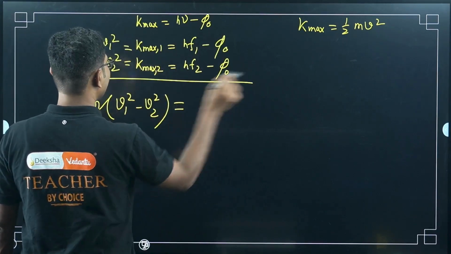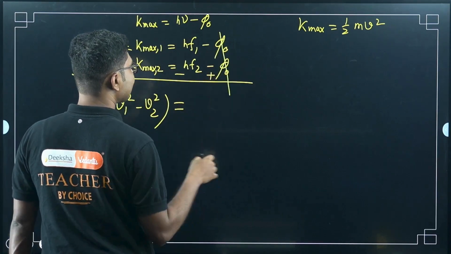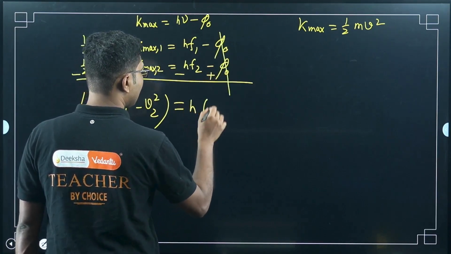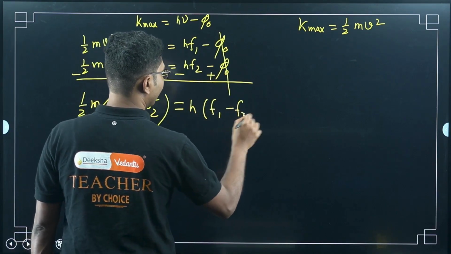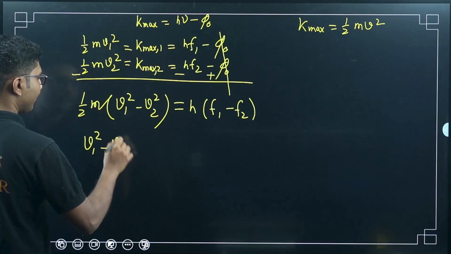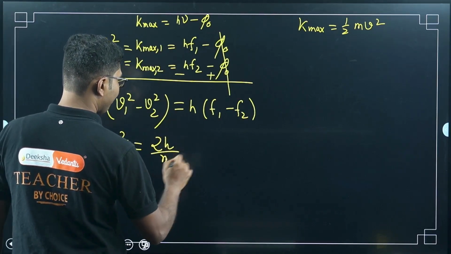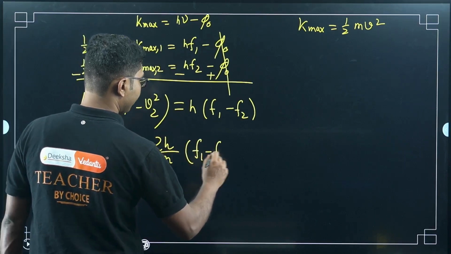We are doing the negative minus, so it will be plus, they will cancel. So h f1 minus f2. So v1 square minus v2 square equals to 2h by m into f1 minus f2.